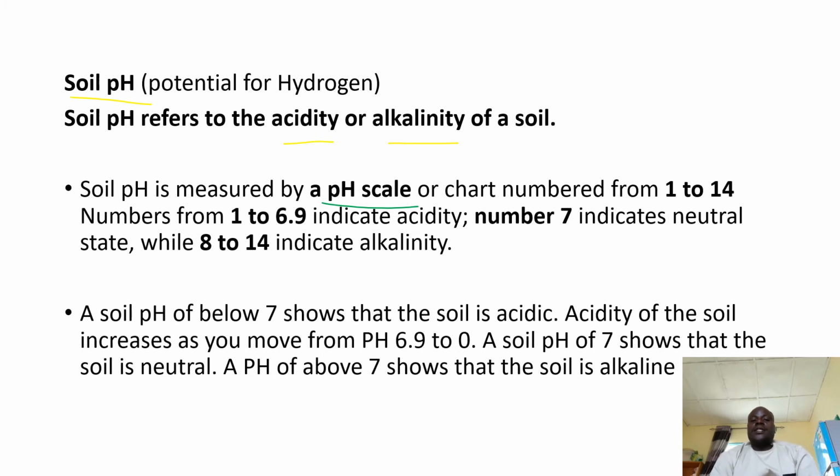If your results indicate 7, it means that 7 is a neutral point. And if your results are from 8 to 14, it means this soil is more alkaline.